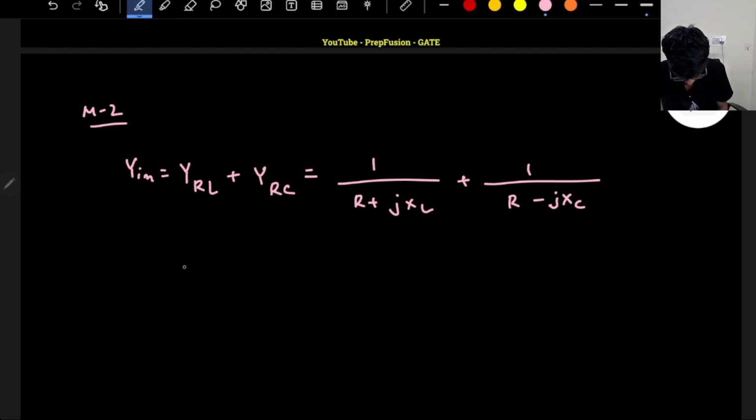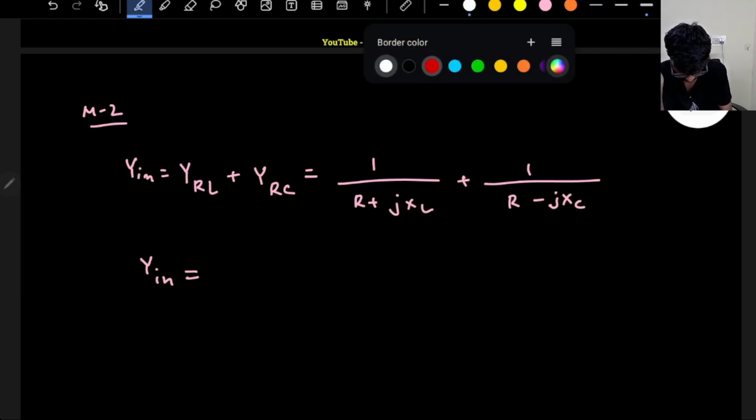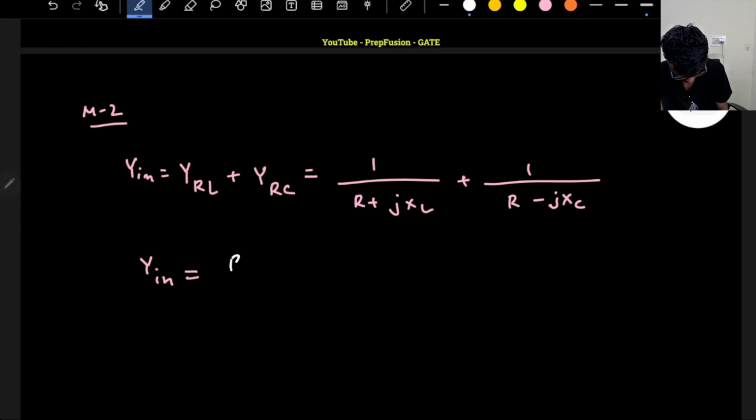So Y in equals 1 upon R minus jXC plus 1 upon R plus jXL.